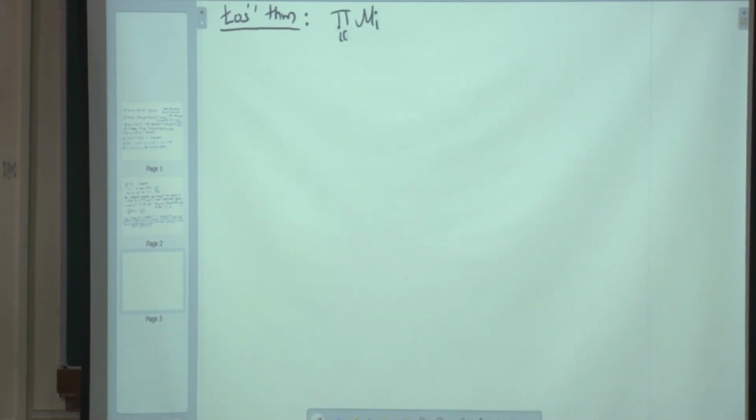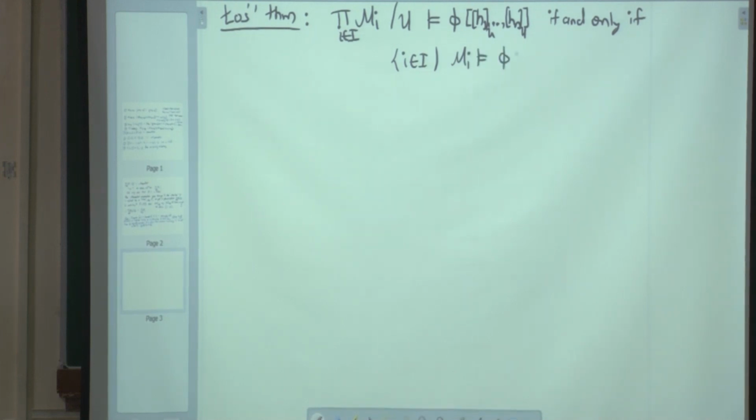The product of Mi, i in I, modulo U satisfies phi at H1, H2, up to Hn, their equivalence classes, if and only if the set of indices such that Mi satisfies phi at the individual component structure components H1i up to Hni lies in U. We never really proved this.